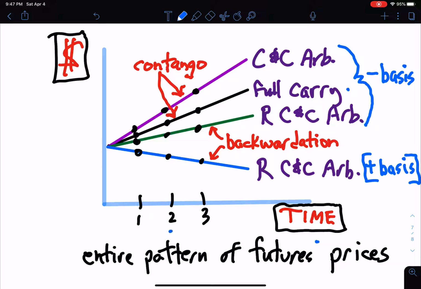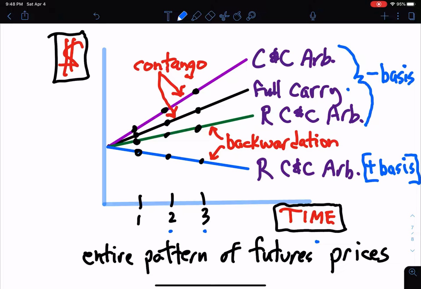The 2 refers to the amount of time until that futures contract becomes deliverable, and 3 means there's 3 periods before that futures contract becomes deliverable. I've identified those dots on each of these lines. So full carry is our base case.